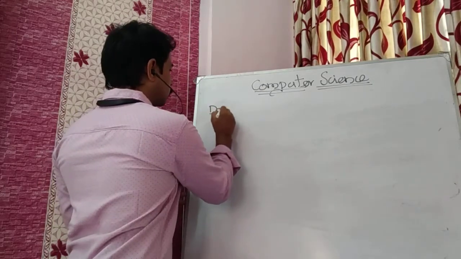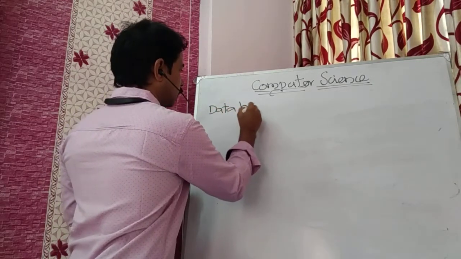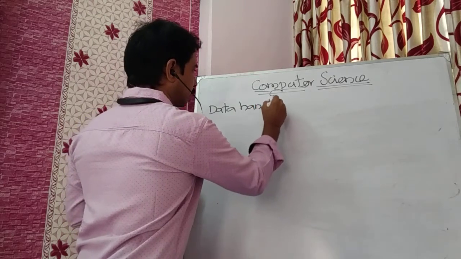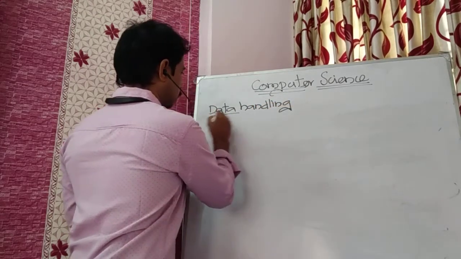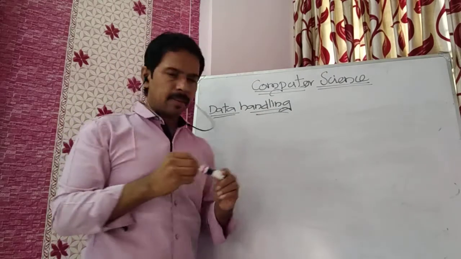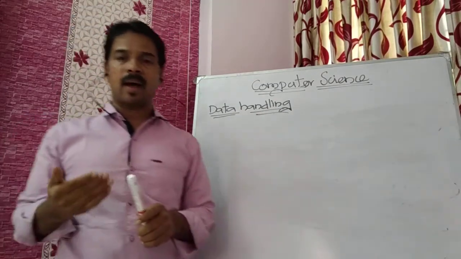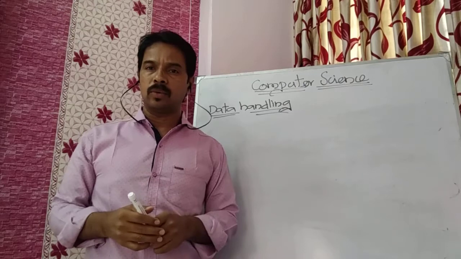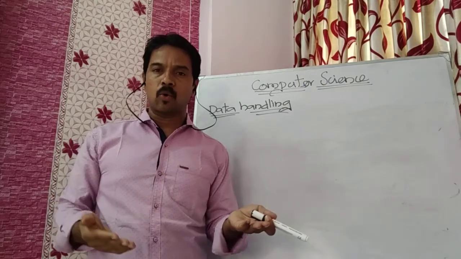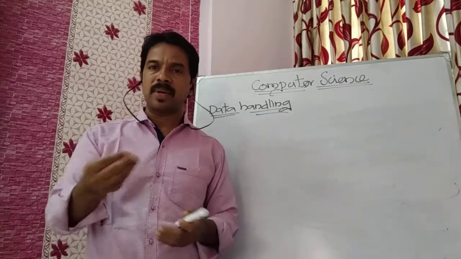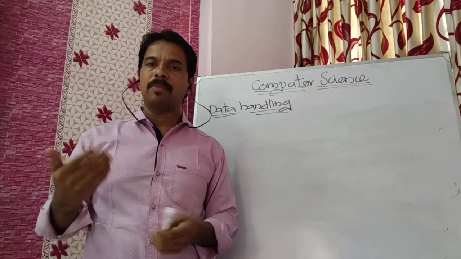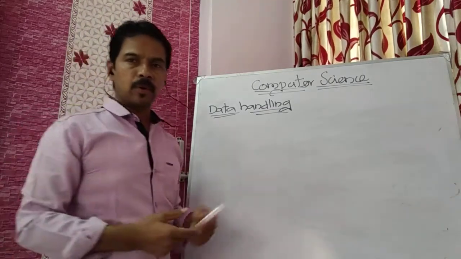We'll see how to handle data. That is data handling. Data handling means what are all the types of data available and how we are going to process them. Suppose addition of two numbers is data. If you are going to print a name, that is data. About that only we are going to see.